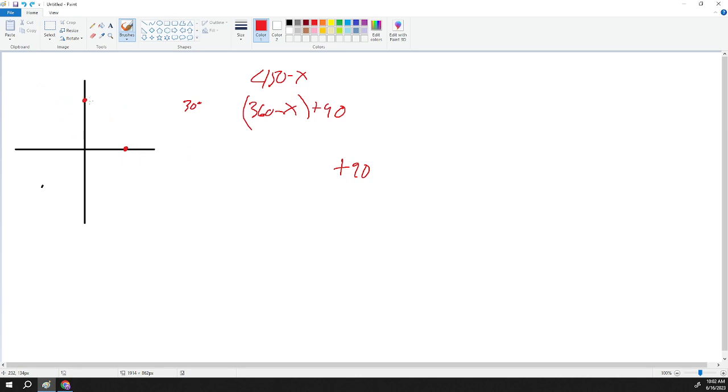Same thing if we go higher, like 150. Usually 150 would have been here. But since we offset it by 90, we now start here. This is 150, and this whole thing should be 150 plus 90, 240. Okay? So that's one thing we got out of the starting point.